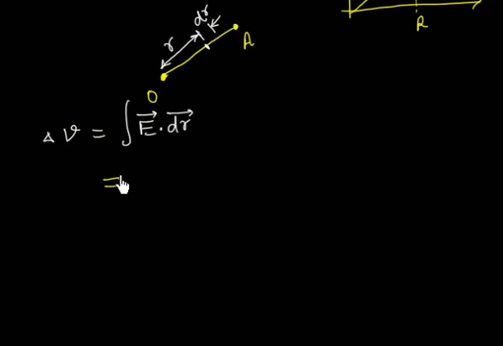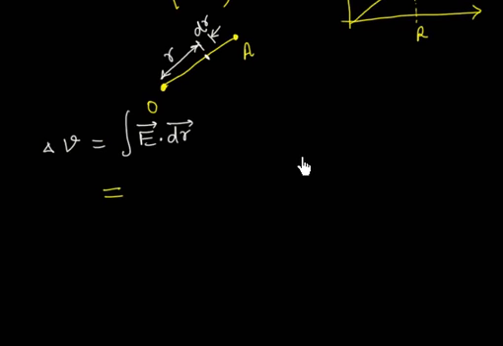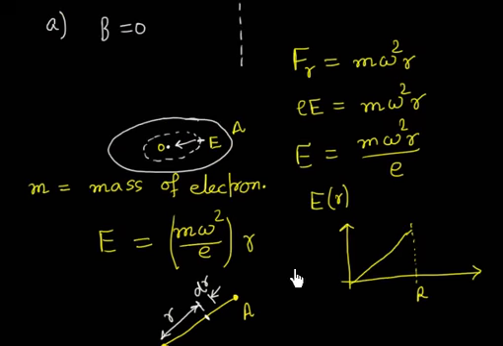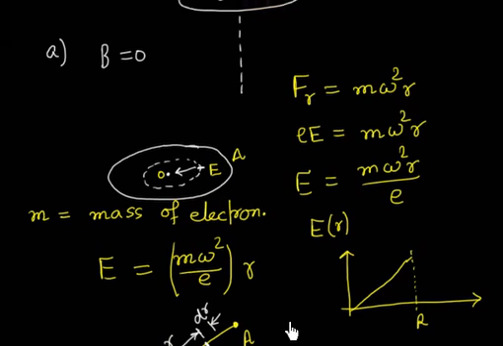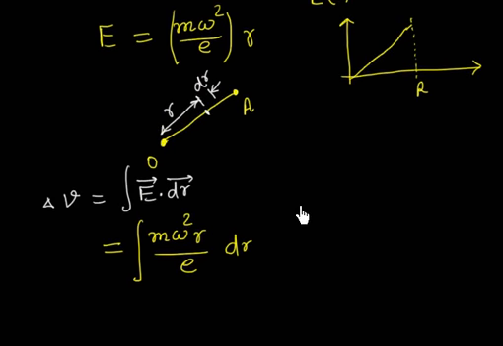E is m omega square r divided by e, dotted with dr. The electric field is radially outward and dr is also radially outward, so E and dr are parallel at 0 degree angle, and cos 0 is equal to 1.